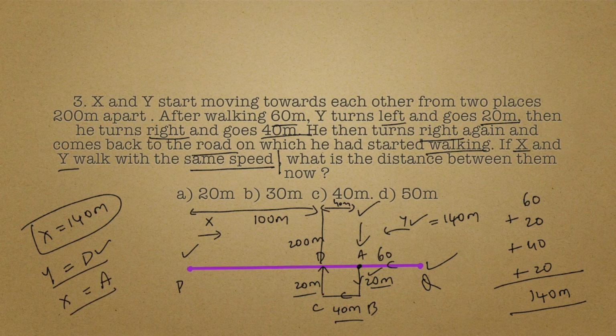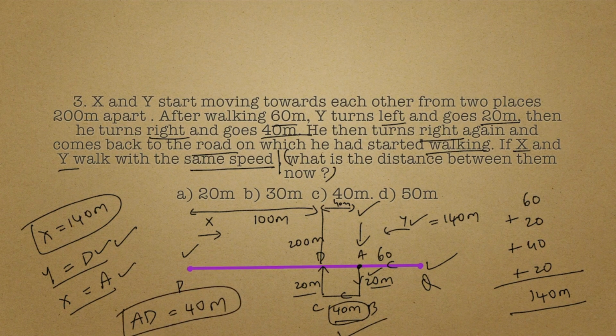Got it? Now let's look for the question. What is the distance between them now? As X is at A and Y is at D, the distance between them is AD, which is equal to 40 meters as given here. So the answer is 40 meters.